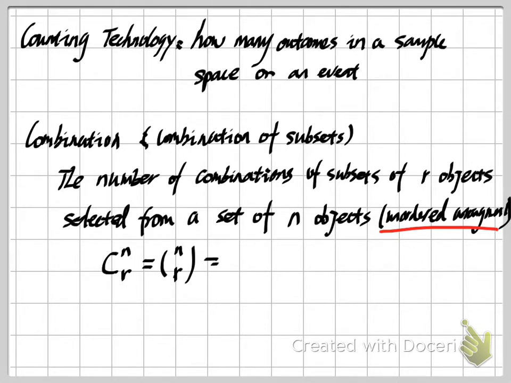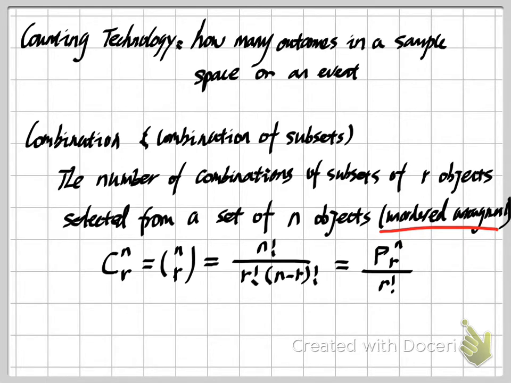And then the formula for this one is N factorial divided by R factorial times N minus R factorial. In other words, this one is very similar to the permutation P(N, R) divided by R factorial.